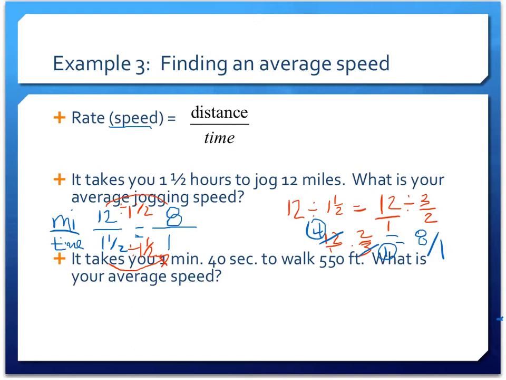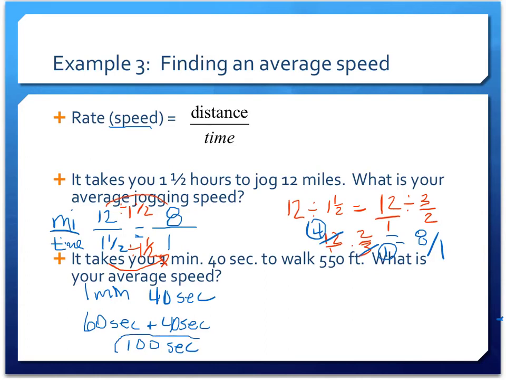So the first thing we want to do is take 1 minute and 40 seconds and change that all into seconds. So we know that 1 minute is equal to 60 seconds. So I can take 60 seconds plus 40 seconds, and I know that that's 100 seconds. So that would be my time unit, 100 seconds.